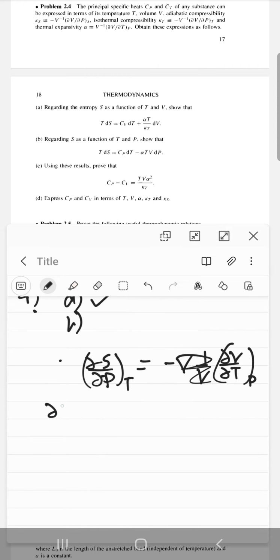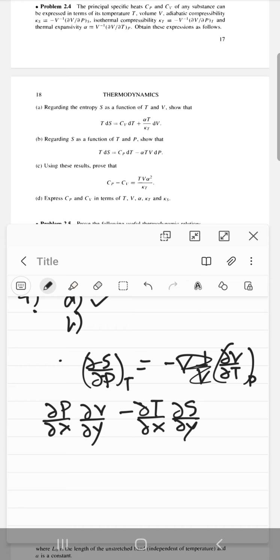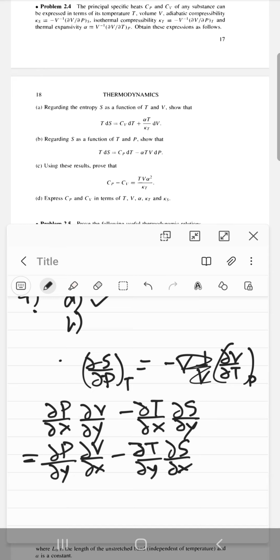So once again, you have the usual thing, partial P by partial X, partial V by partial Y minus partial T by partial X, partial S by partial Y. Yes, I sort of introduced a negative sign, but we don't care really. Right, cool. And so now we need to do this with respect to pressure and temperature. So let's just say that X is pressure, Y is temperature.